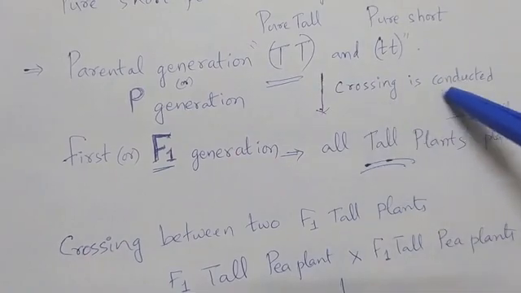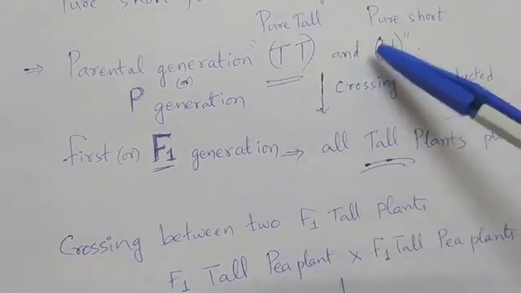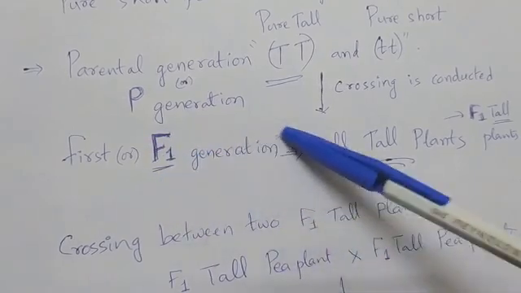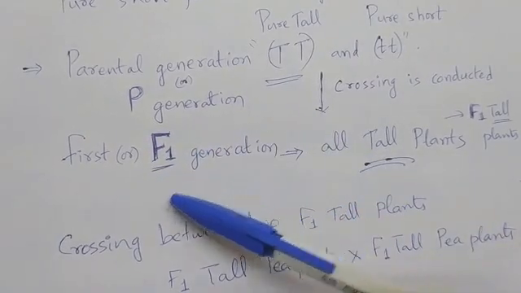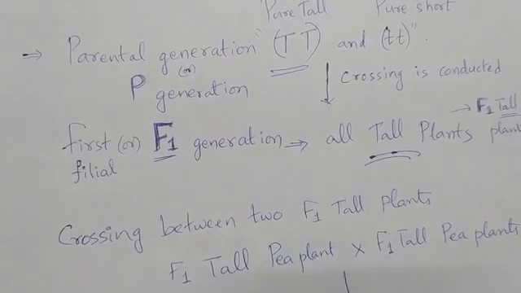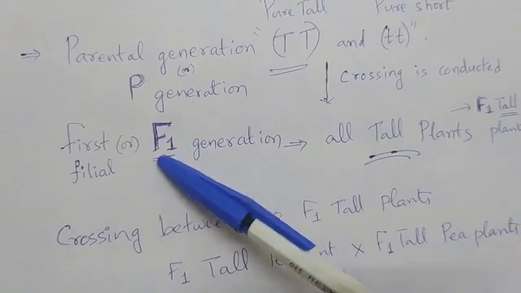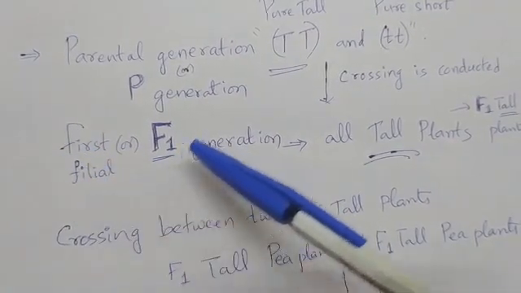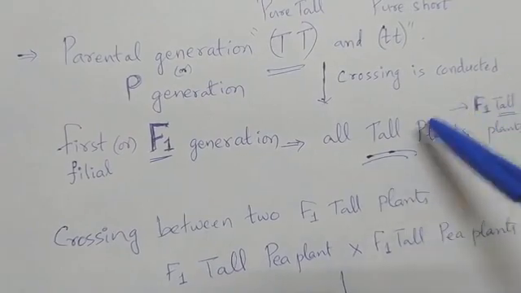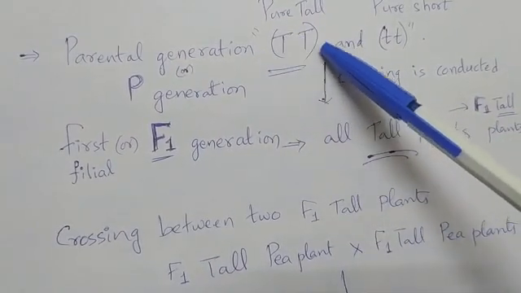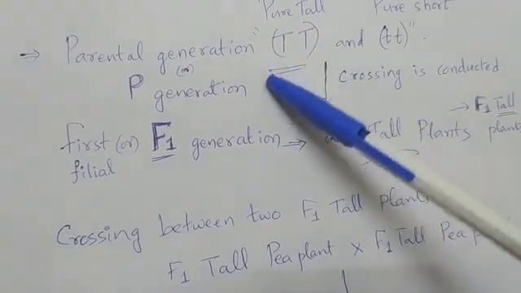When crossing is conducted between these two plants, we will get an F1 generation of progeny. What is F1? First filial generation. So F1 generation refers to first filial generation. Here, see, in parental plants, there is genetic information for tallness in pure tall plants.